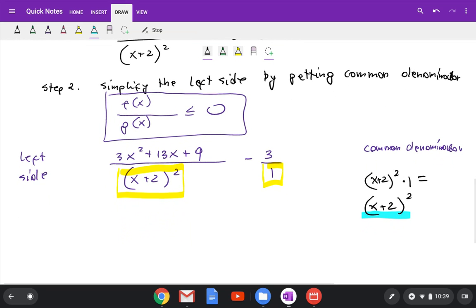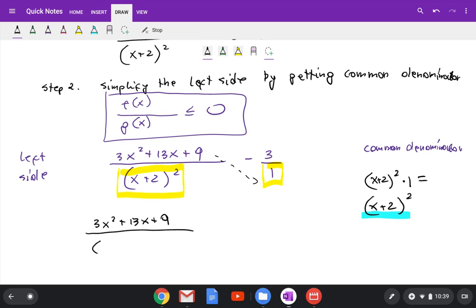So to get the common denominator, again, you may think a little bit like cross multiplication. The first fraction's numerator, you multiply by 1. So we'll have 3x squared plus 13x plus 9 times 1, which is the same thing.